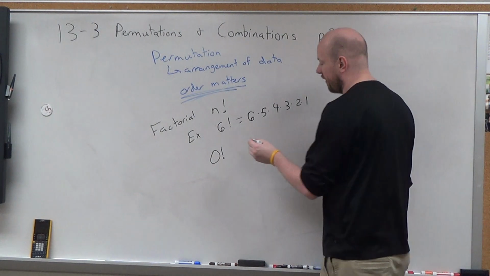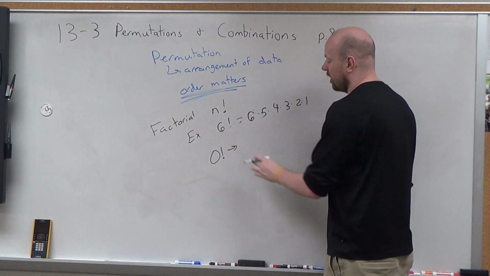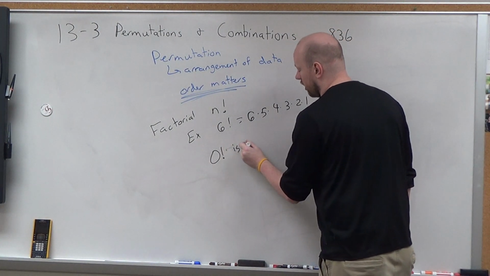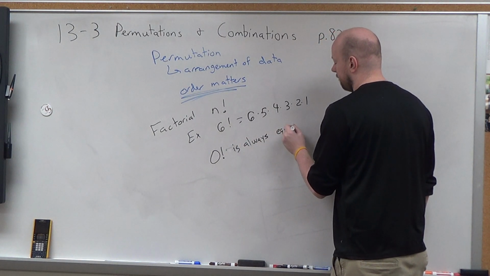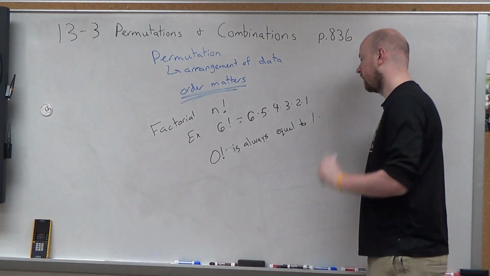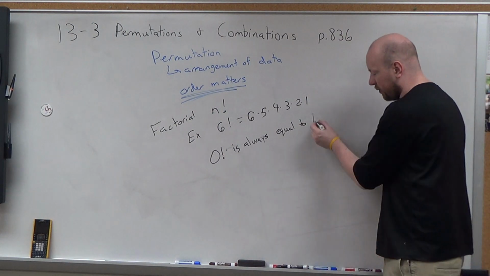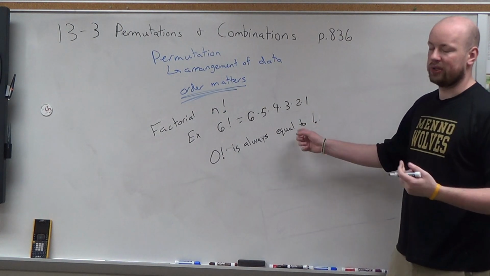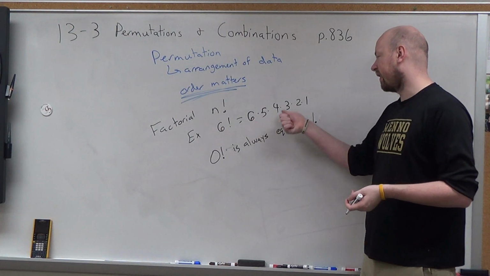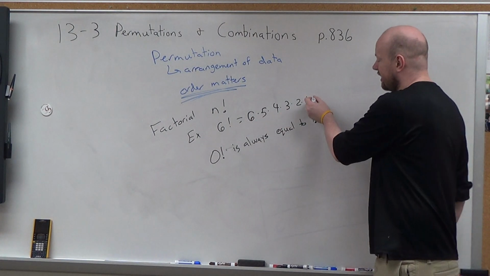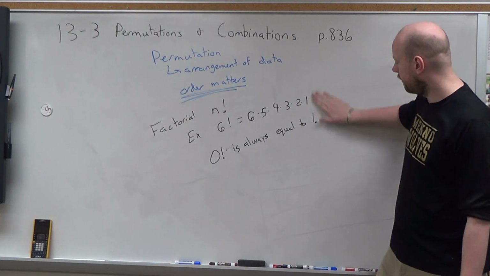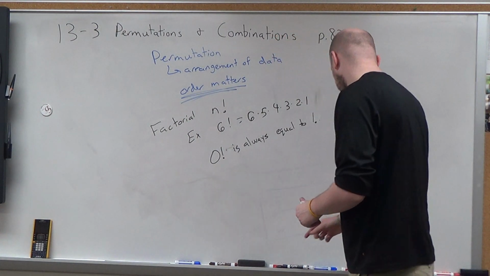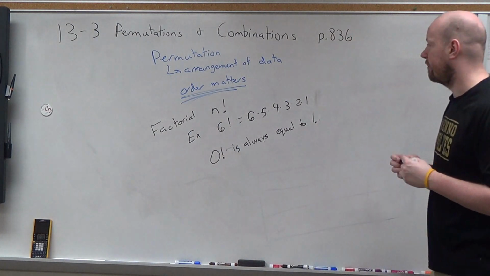Well, unfortunately, 0 factorial is always equal to 1. That's just how factorials work. That's why we get 6 times 5 times 4 times 3 times 2 times 1, technically times 0 factorial, which is 1. Okay. So we use factorials to find permutations.